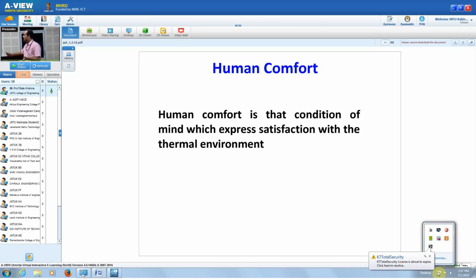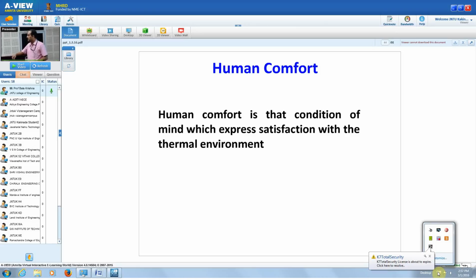Right? Without any comfort, maybe we can't do anything. That's why comfort is very important. Human comfort is that condition of mind which expresses satisfaction. Without satisfaction, my job is a waste. Right?